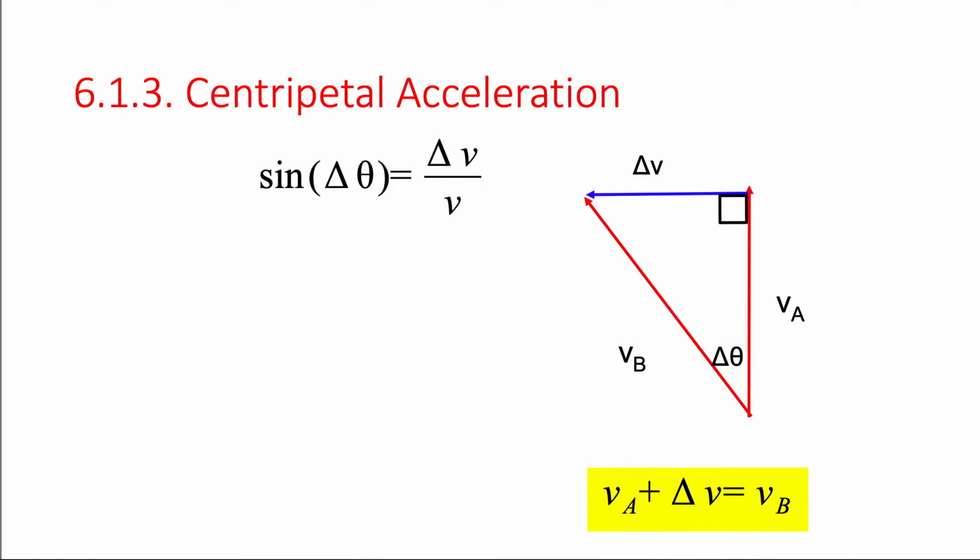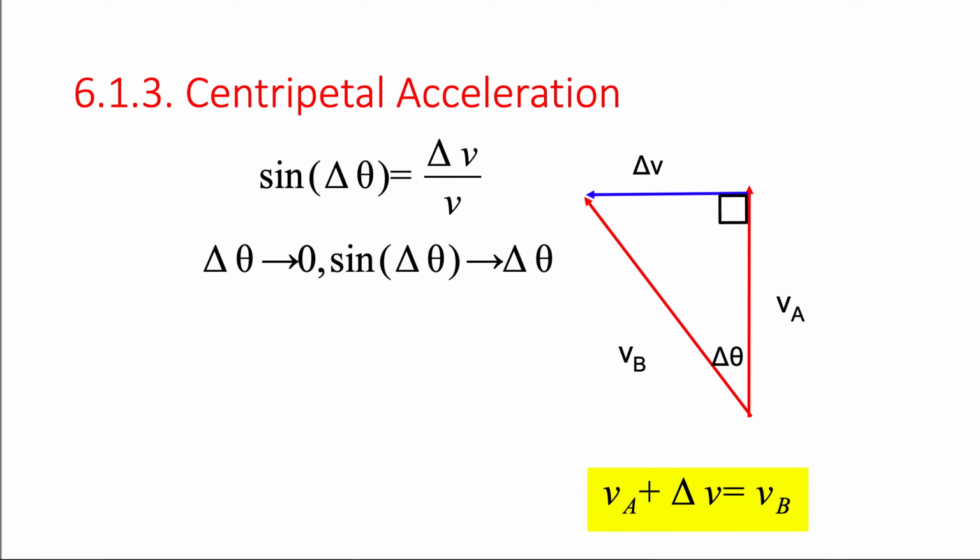Now, one mathematical identity we can use assumes that delta theta becomes very small. As delta theta approaches 0, the value of sine of delta theta approaches the value of delta theta. Sine of 0.000001 is just 0.000001.